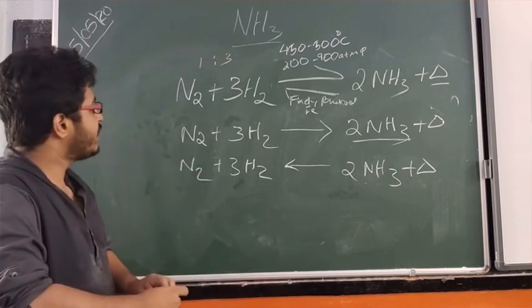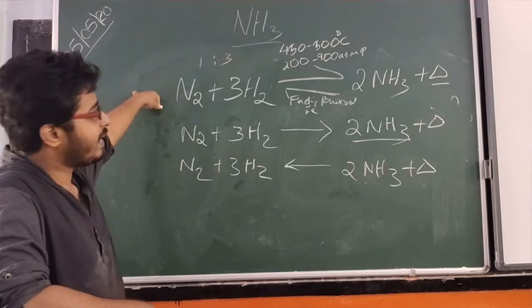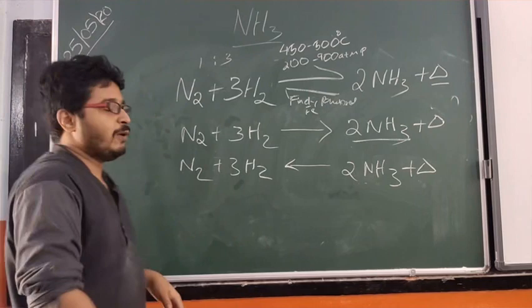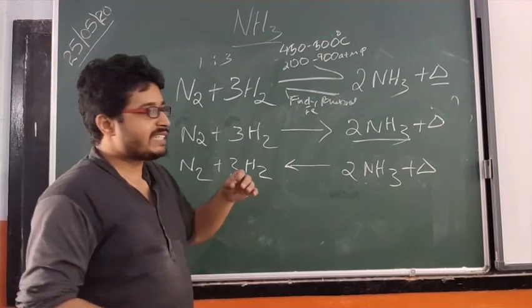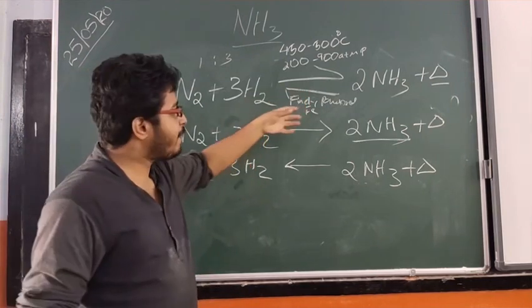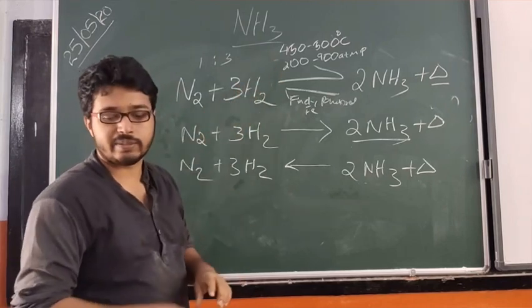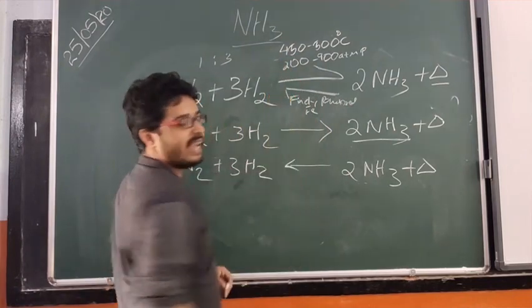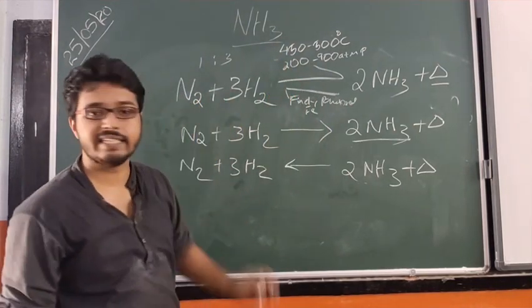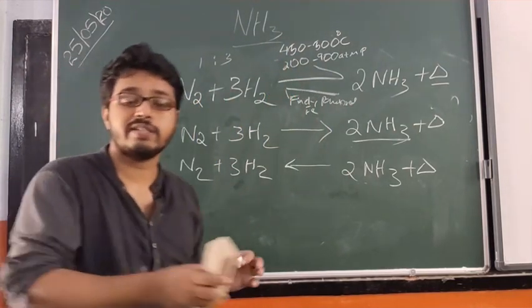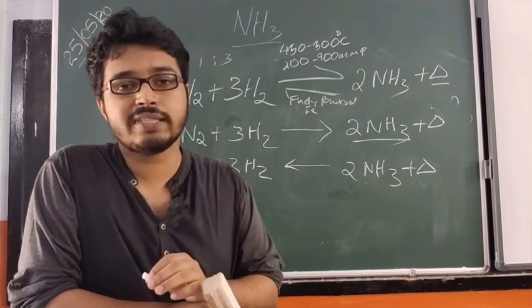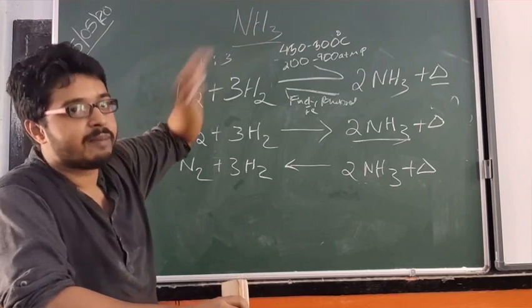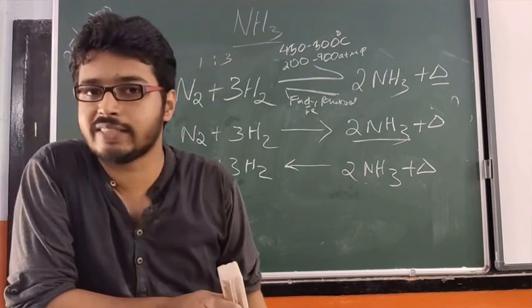So we are going to discuss what happens when we change the temperature first. Okay, suppose I try to increase the temperature of this reaction. The optimum temperature for this reaction was 450 to 500 degrees Celsius. In other words, for the Haber process, the temperature must be between 450 to 500 degrees Celsius.